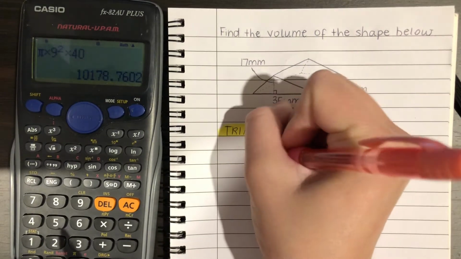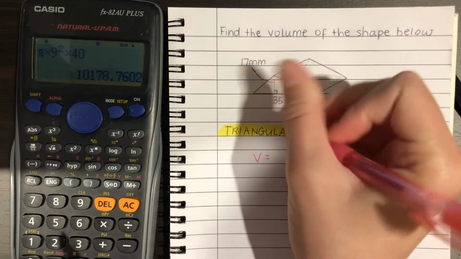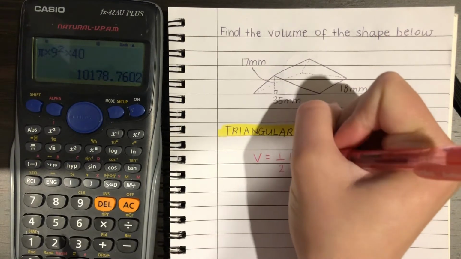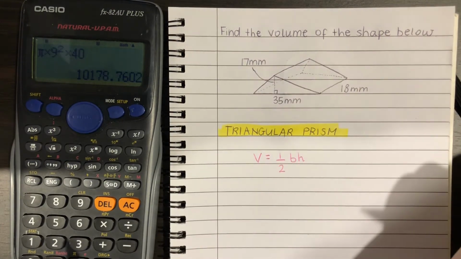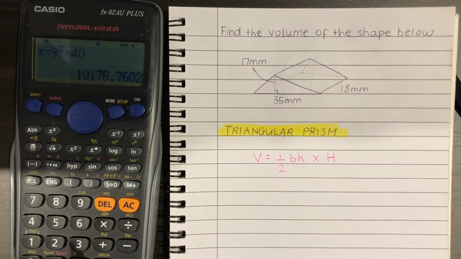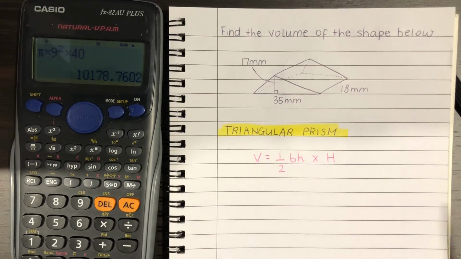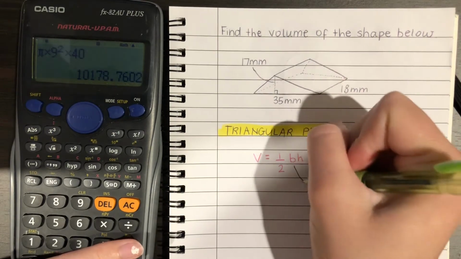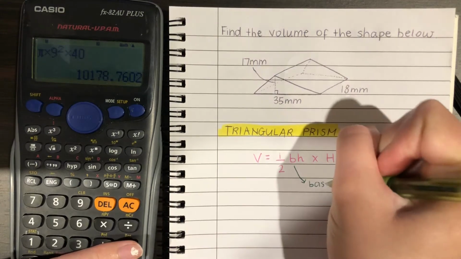Well, the volume equals half base height times big height. So we've got two H's, one lowercase and one capital. Now, the B stands for base.